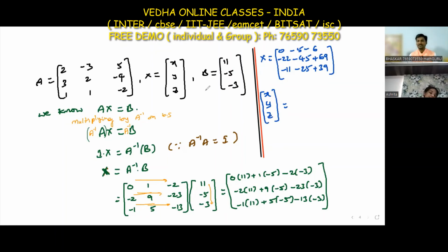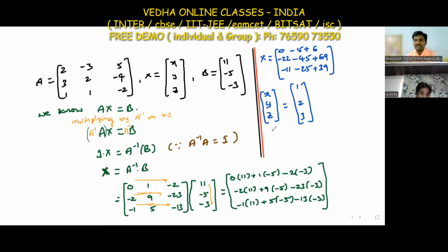So what are we getting here? The matrix 1, 2, 3. When two matrices are equal, then the corresponding elements are also equal.